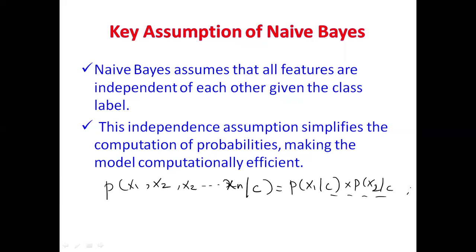This independence assumption reduces the complexity of the model, allowing it to calculate probabilities efficiently even in large data sets with many features. While this assumption may not always hold, the model still tends to perform well in practice.